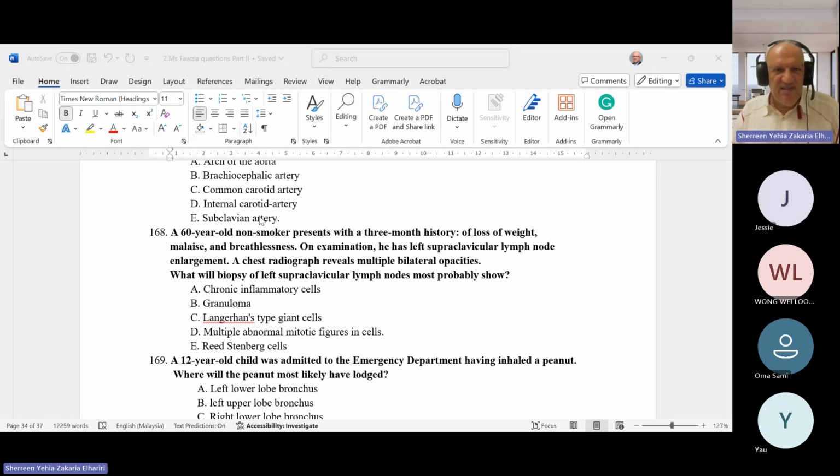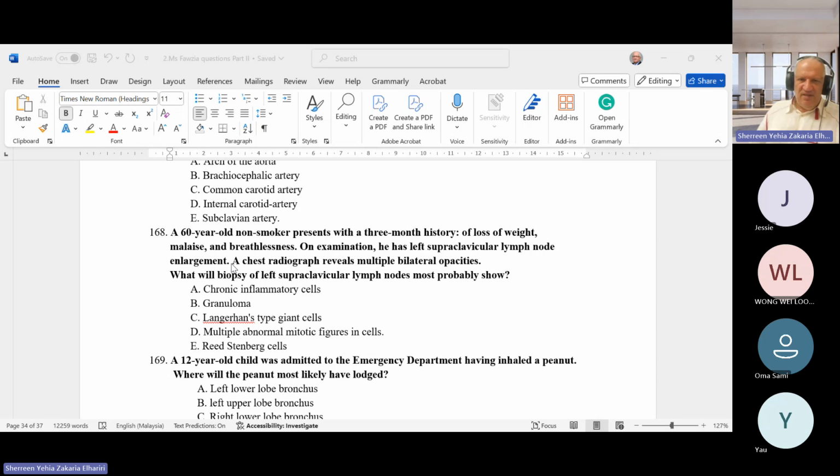Okay. A 60-year-old non-smoker presented with a 3-month history of loss of weight, malaise, and breathlessness. On examination, left supraclavicular lymph node enlarged. Of course, the left supraclavicular node, or Virchow's node, is characteristic of malignancy.